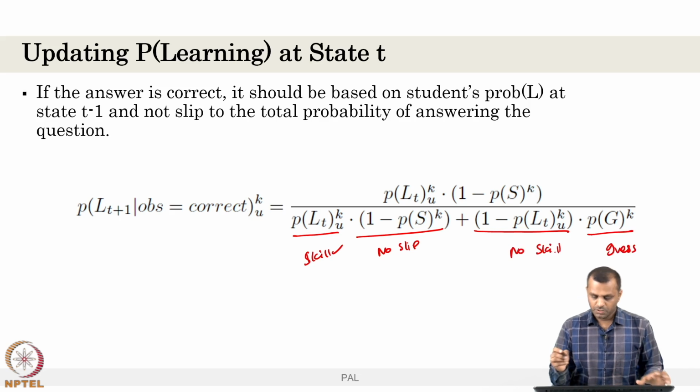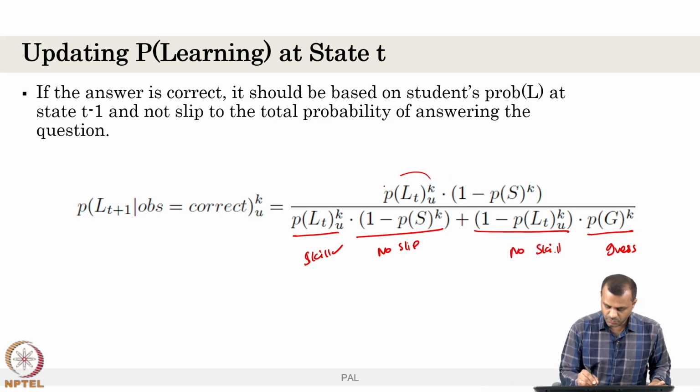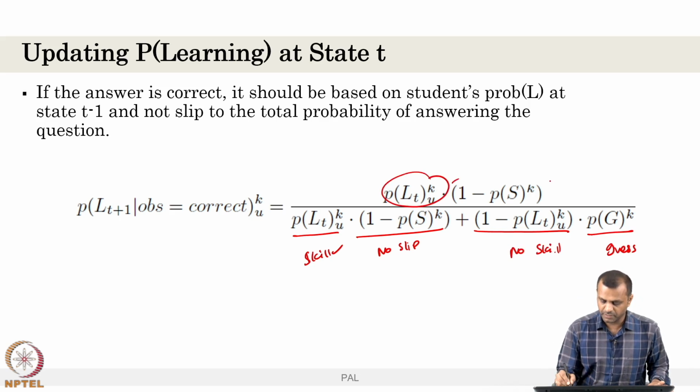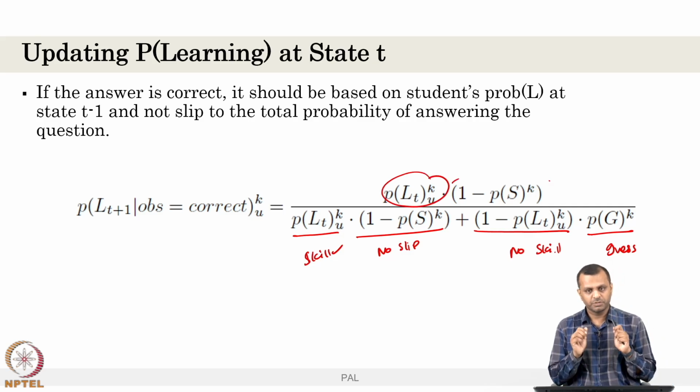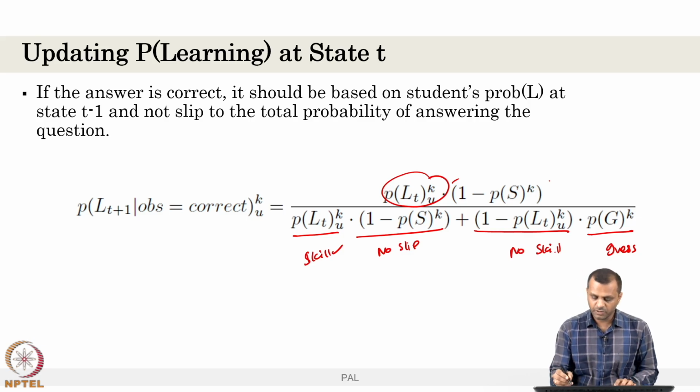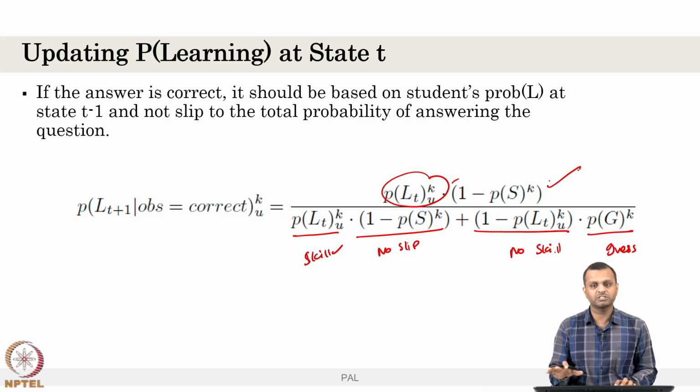Given this, the probability we are going to compute is the student knowing the skill and not slipping. This is the probability that the student could give the right answer knowing the skill and not slipping, also without knowing it, given guessing. We want to measure only the student knowing the skill and not slipping. We don't want to know about students not knowing the skill and guessing it.